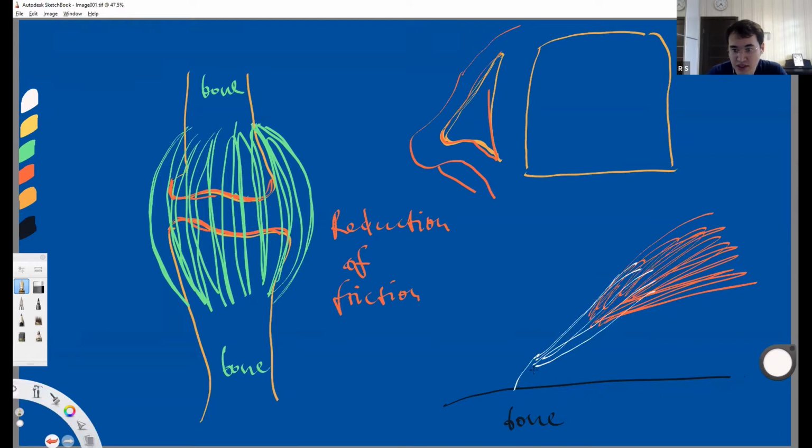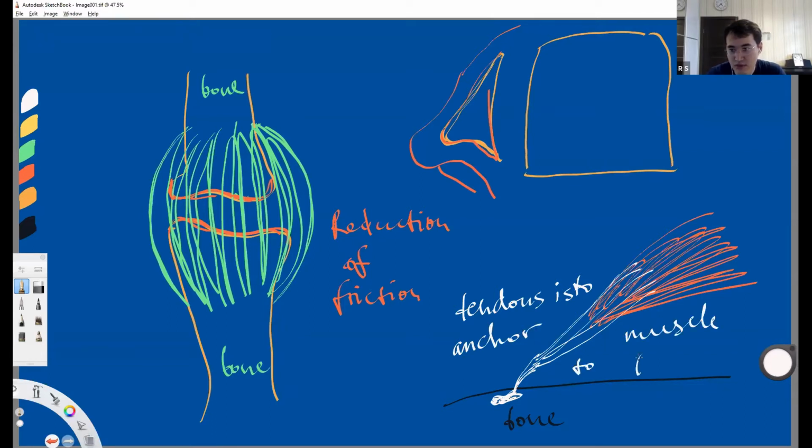Then these filaments attach to the bone, so they have some kind of anchor. The role of these tendons is to anchor the muscle to bone.